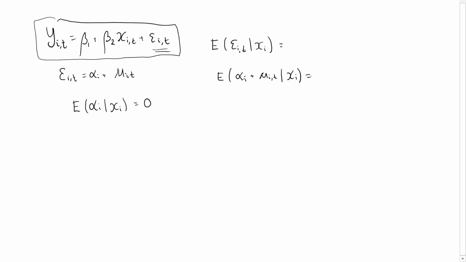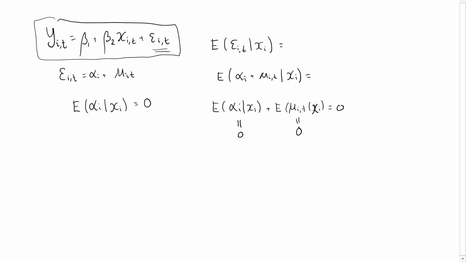The sum, I can divide it up into two parts: the expected value of alpha_i conditional on x_i plus the expected value of mu_it conditional on x_i. So here's the important point. If the individual specific effect is random, then this is 0. We always make the assumption that the mu_it random variables are well behaved, so the whole thing will be 0 in this case.